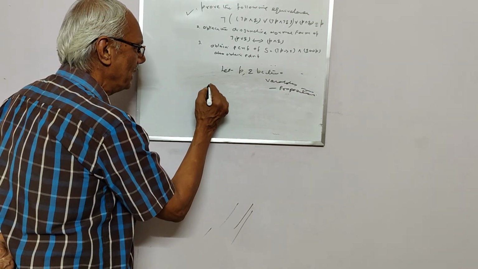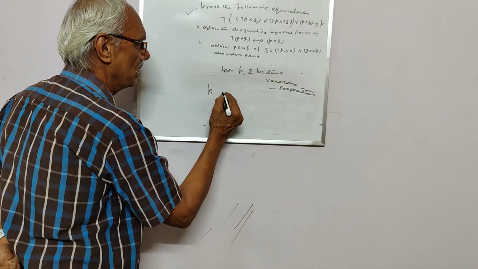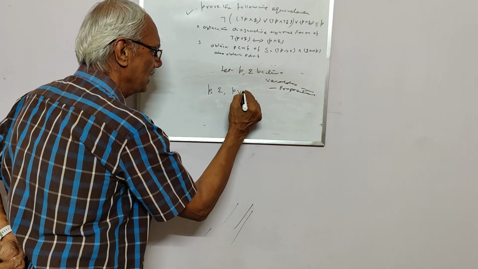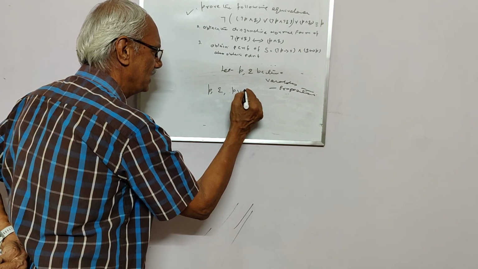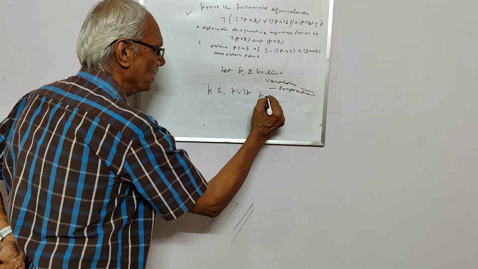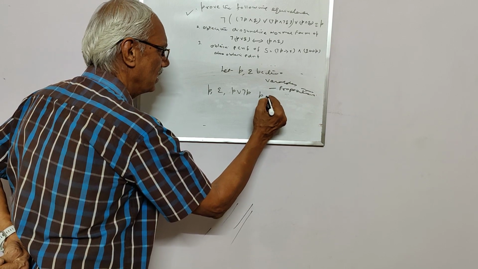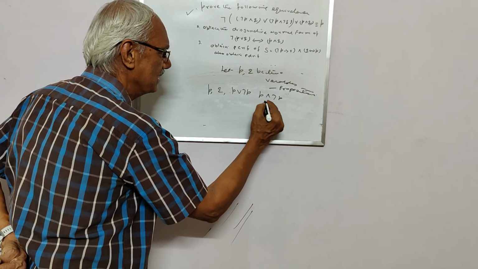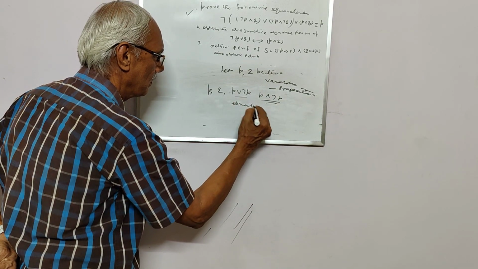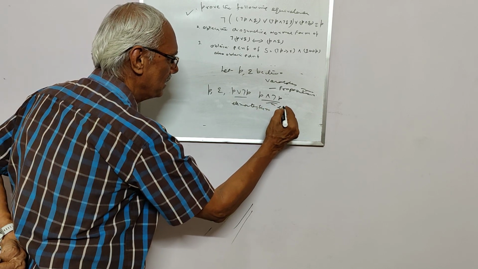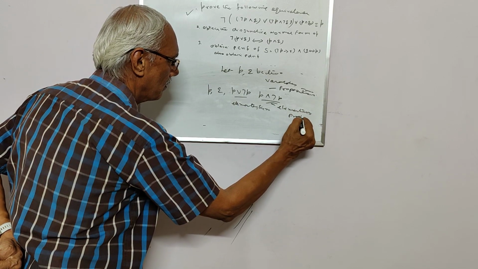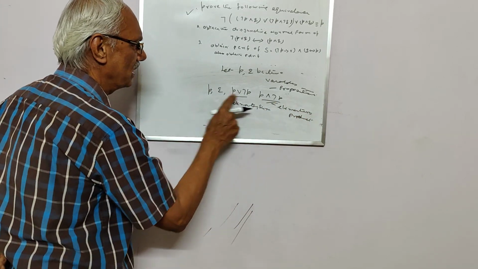Then P itself is an elementary form, and Q, and P union negation P, and P intersection negation P. This is called your elementary product, this is elementary sum, and this is elementary product. So this is called elementary product and elementary sum.